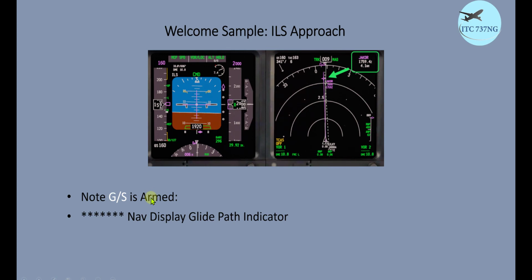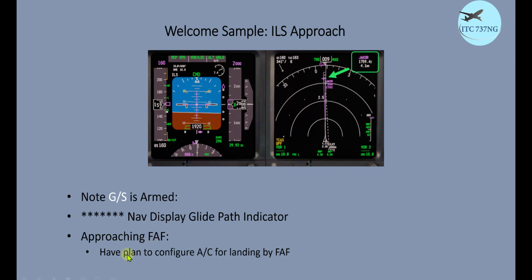Now, the other thing I want to bring your attention to, and it's not really all that necessary for this level of training, but I want, especially you professional people, to get in the habit of watching this glide path indicator on the nav display, because this is essentially a secondary means of slope information during the approach. We'll see that a little bit later on as we get to capture the glide slope.